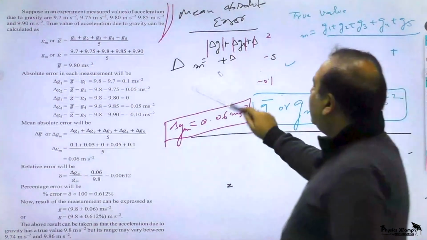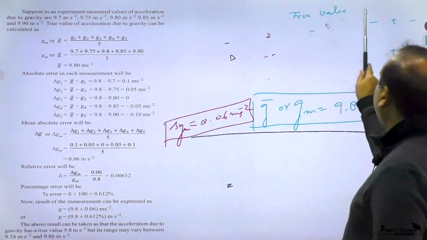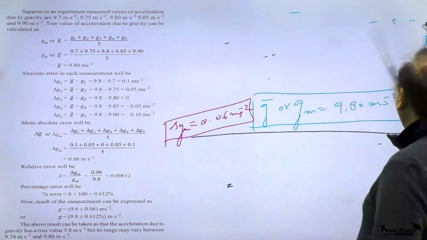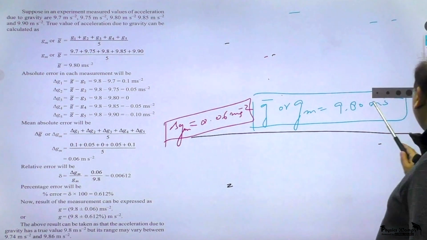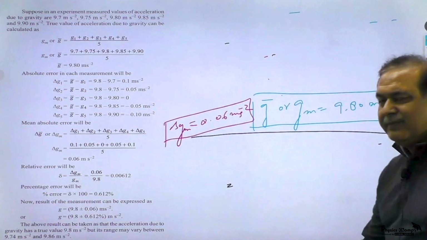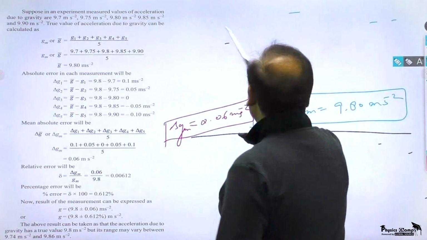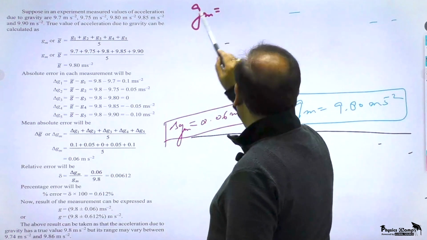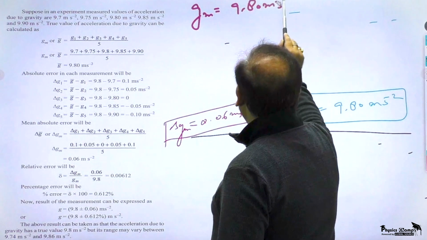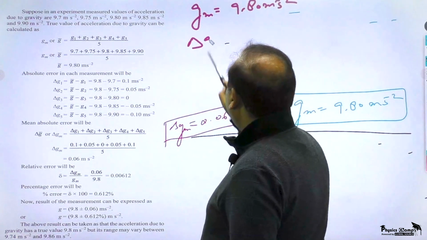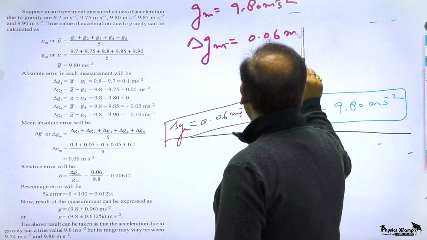Two major results that we have obtained, and for finding mean absolute error only the positive value is to be used. So we have Gm, and that Gm is 9.80 meter per second square. We have delta Gm, and it is 0.06 meter per second square.